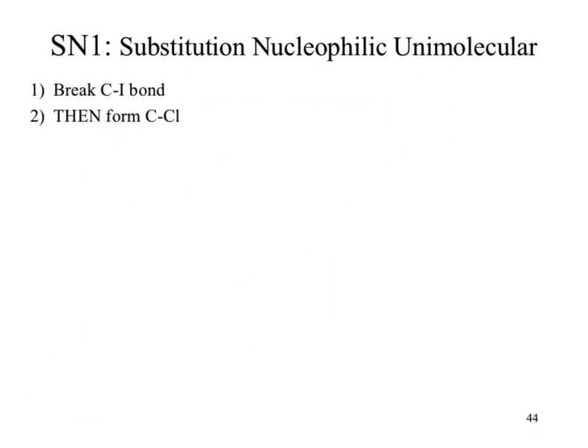What does SN1 look like? It's got an intermediate step. The very first thing we do is heterolysis. We break the bond. The result of breaking the bond, I end up with a positive carbon and a negative iodide.